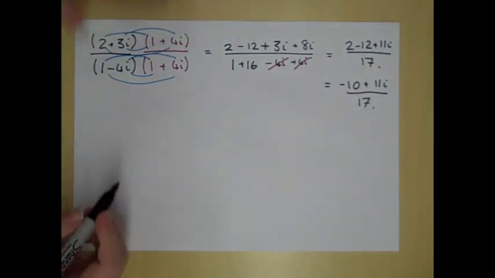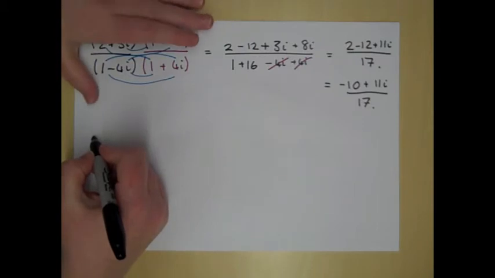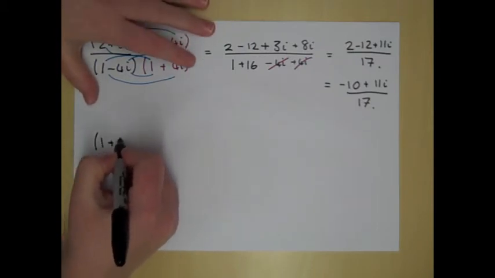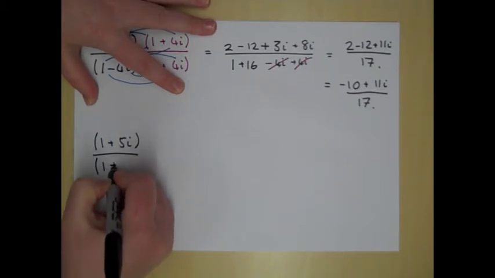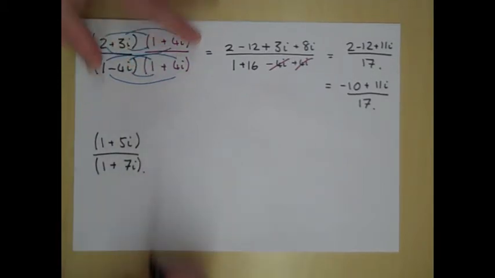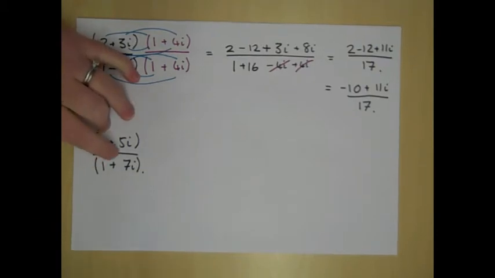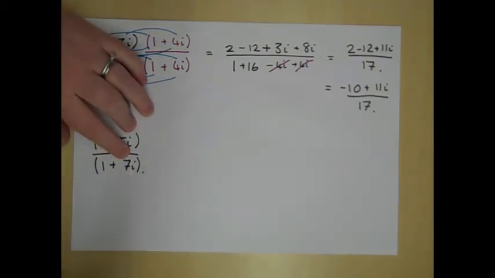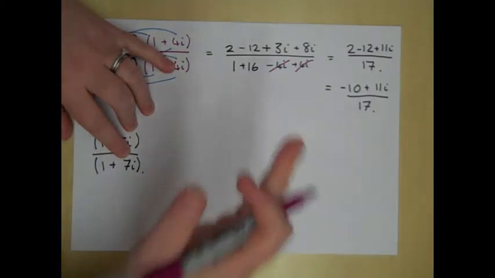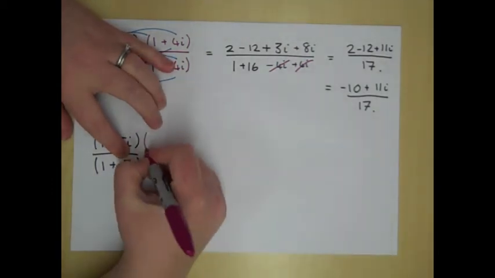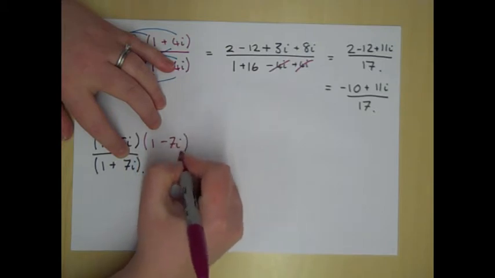If I take a different example, and I say have 1 plus 5i over 1 plus 7i, and I'm asked to evaluate this, this time I need my complex conjugate to be 1 minus 7i. So I'm going to multiply the top and the bottom of my complex number by 1 minus 7i.